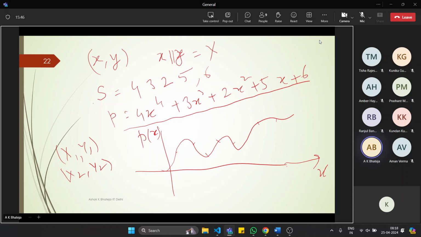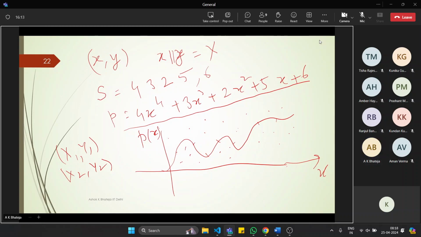So apart from these points, you can have some more points. Suppose these are the points, and these points are not lying on the polynomial. We are calling these points which are not lying on the polynomial the chaff points. And the genuine points are those which are lying on the polynomial.